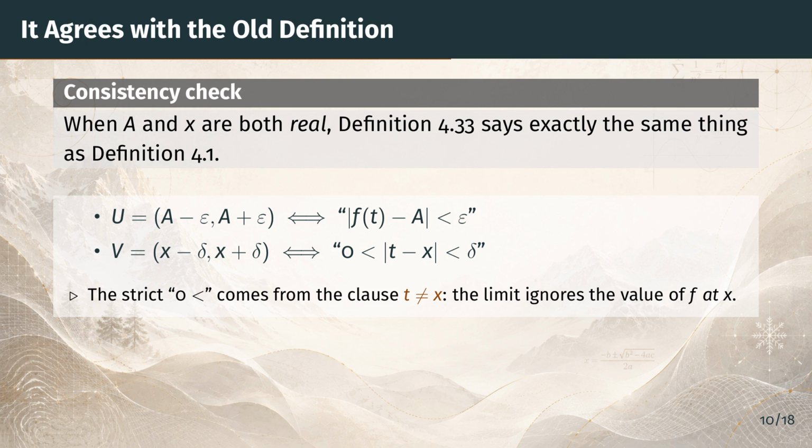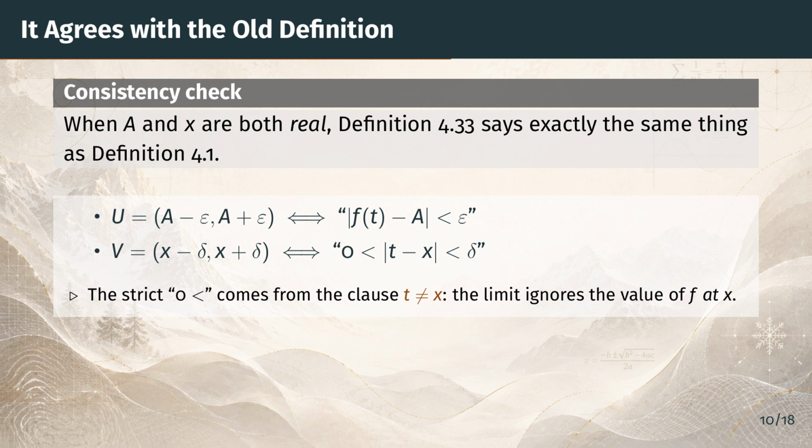When both A and x are real, a neighborhood U of A is just an interval of radius epsilon. So the condition f of t lies in U is exactly the statement that the distance from f of t to A is less than epsilon.